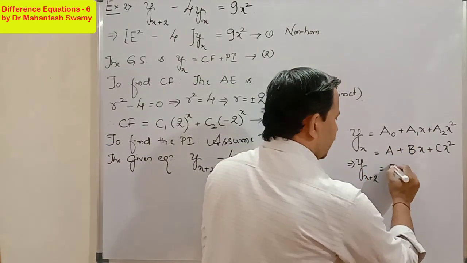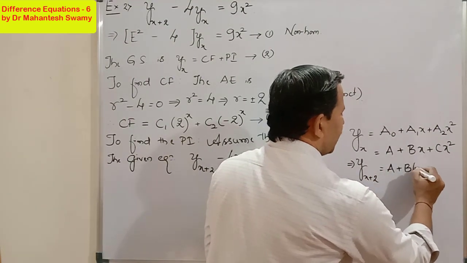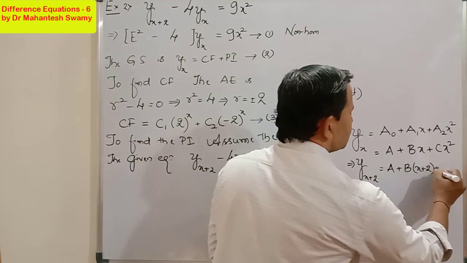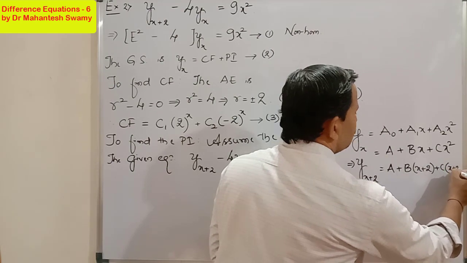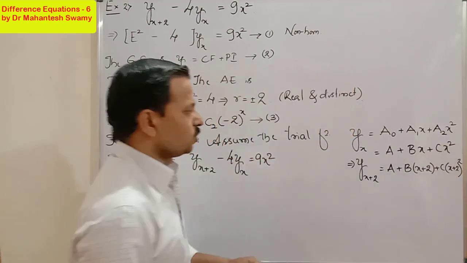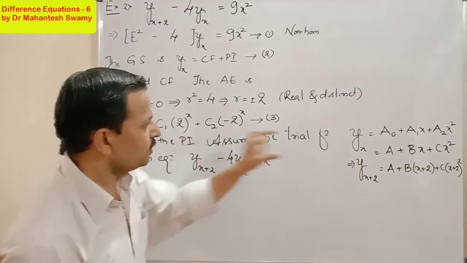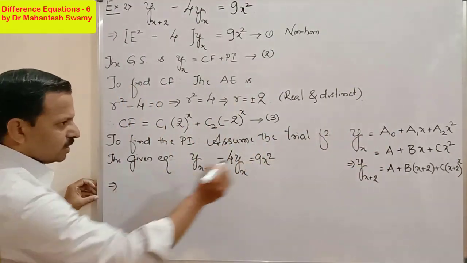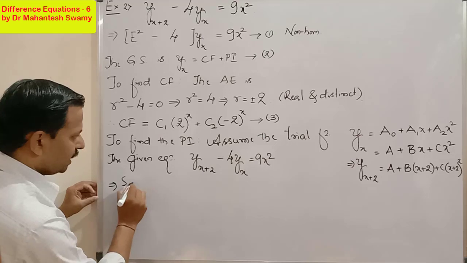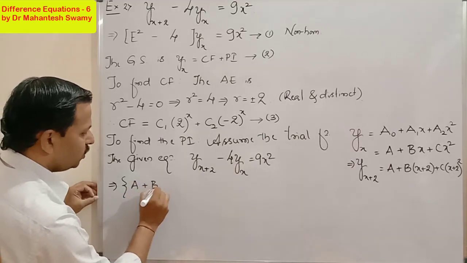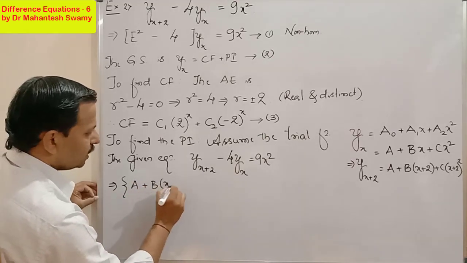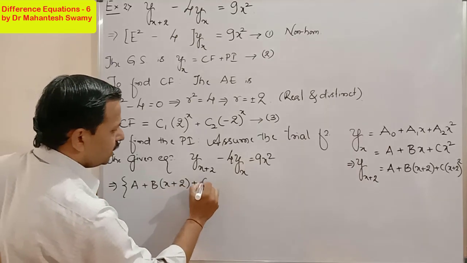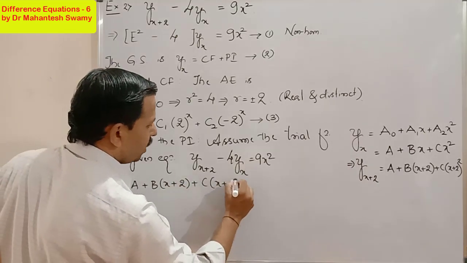So it is a plus b into bracket x plus 2 plus c into bracket x plus 2 whole square. So we got the value of the first term. I am writing here a plus b into x plus 2 plus c into x plus 2 whole square.